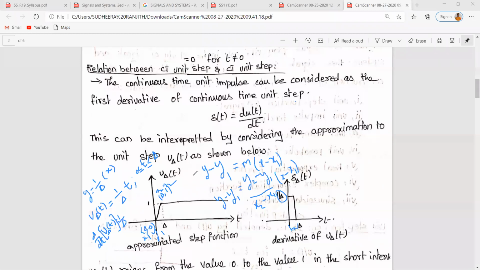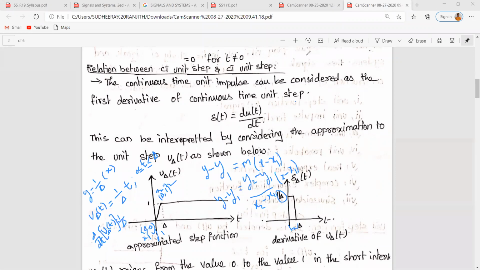Point slope form is defined as y minus y1 is equal to m into x minus x1, where y is the parameter we take on the y-axis, and x is the parameter we take on the x-axis. x1, y1 is a point lying on this line, and y2 minus y1 by x2 minus x1 is the formula for slope m. So I have substituted the values here, and I have found that this differentiation value is equal to 1 by delta in the range 0 to delta.